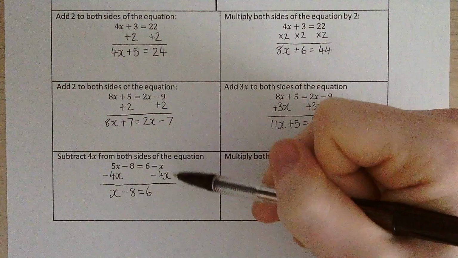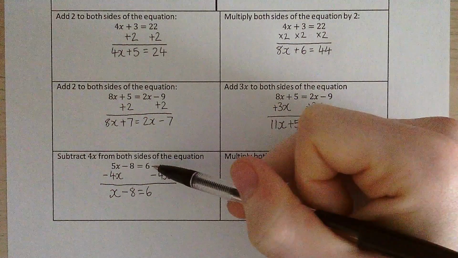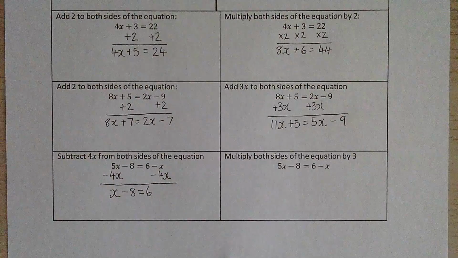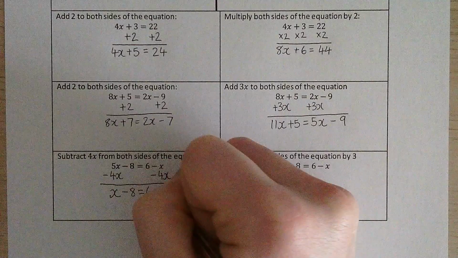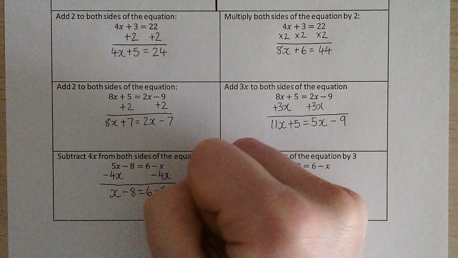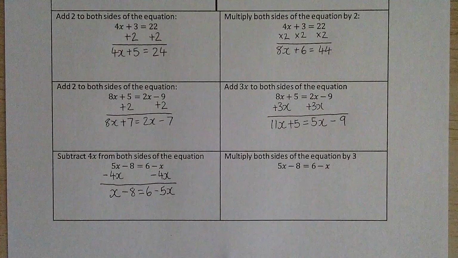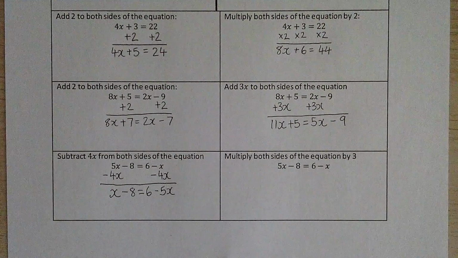And then we have minus x take away 4x. So we're doing minus 1 lot of x, minus 4 lots of x. So minus 1 take away 4 is minus 5, and that will be minus 5 lots of x. So the final answer for this question is x take away 8 equals 6 take away 5x.